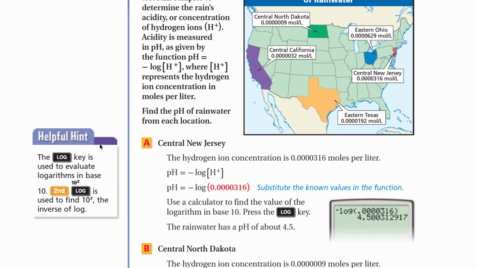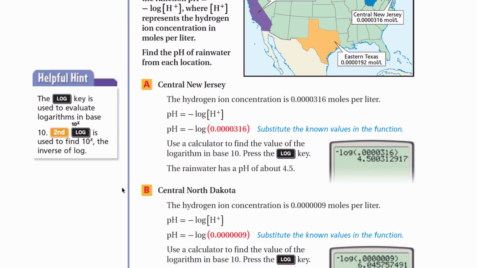First, let's find the pH of the rainwater in central New Jersey. What is the hydrogen ion concentration there? Well, it's 0.0000316 moles per liter. So we plug that into our formula, negative log of that number, hit enter on the calculator, and now we know the pH is about 4.5.